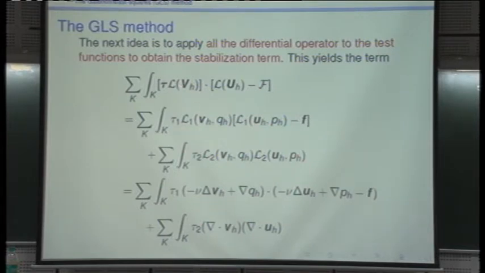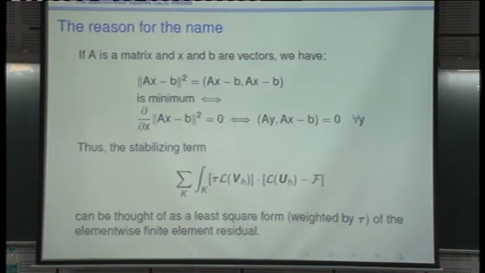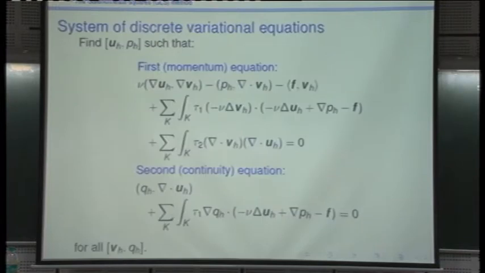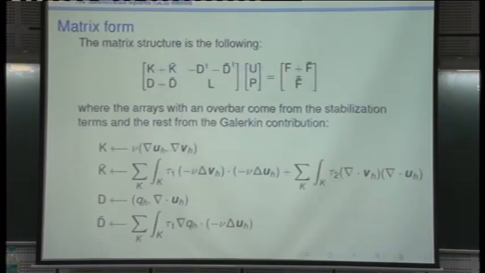So we have, for component 1, L1 of VQ, for component 2, L2 of VQ, and component 1 has not only the pressure gradient, but also the viscous term. That's the only difference with respect to the SUPG. And that leads to the GLS method. The reason for the name, I explained that yesterday, and the structure of the discrete system, I also explained that yesterday. So that's exactly the same as was said yesterday.